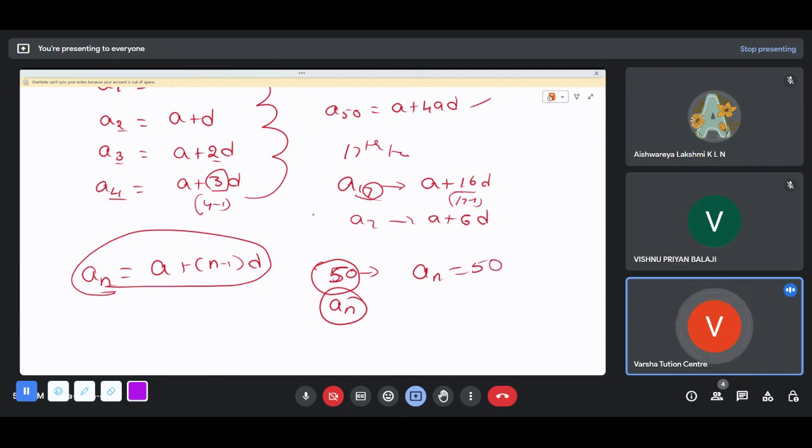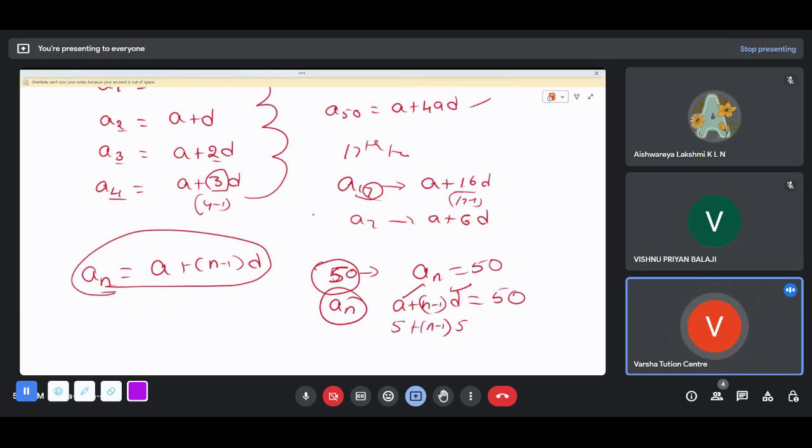But what is the an formula? A plus (n minus 1) into d is equal to 50. If A and d are known, we can find n, right? Because you substitute A is equal to 5 and d is equal to, I gave it as 5 for example.